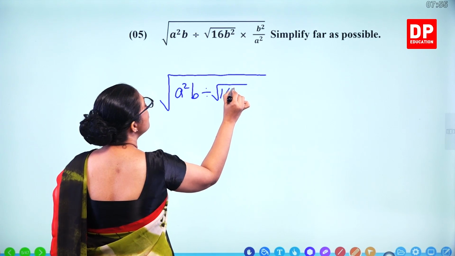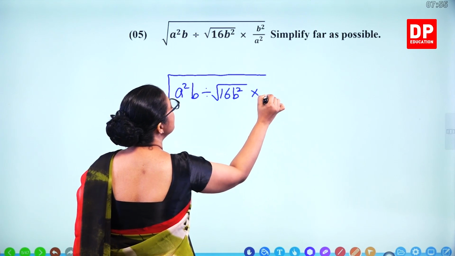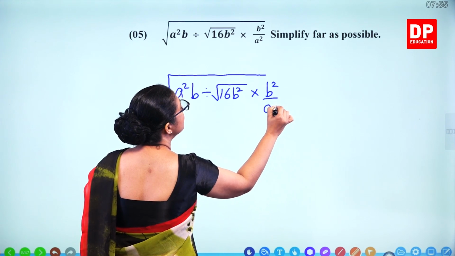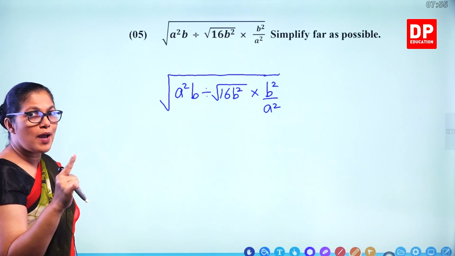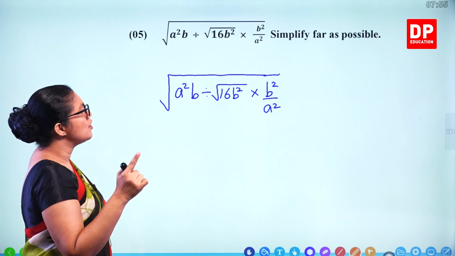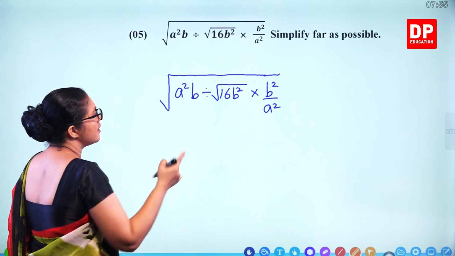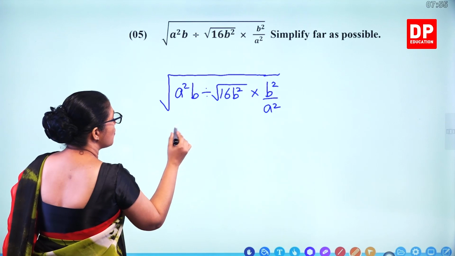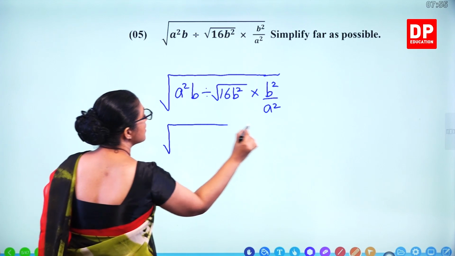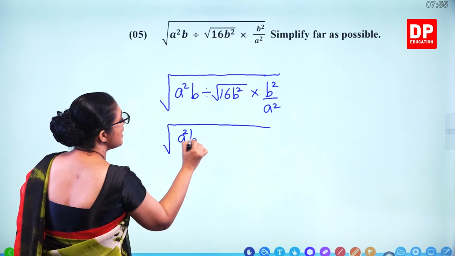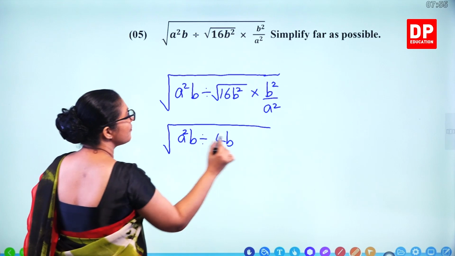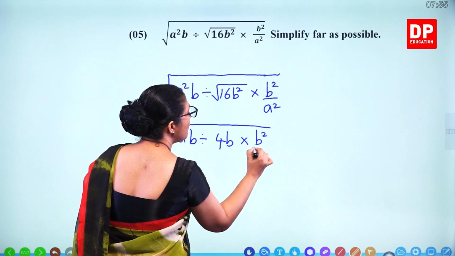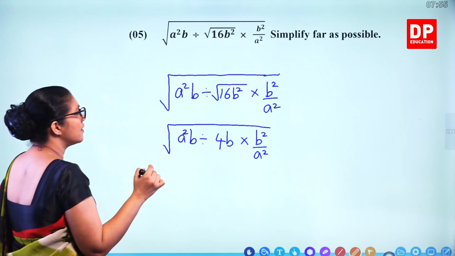What is square root of 16b squared? 4 squared is 16. b into b, b squared. So what's the square root? First, you can do that part. a squared b divided by 4b, into b squared over a squared.